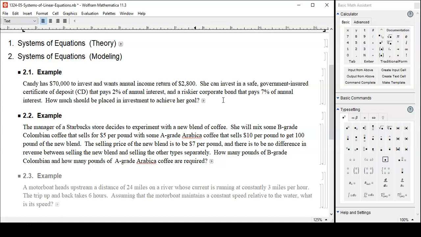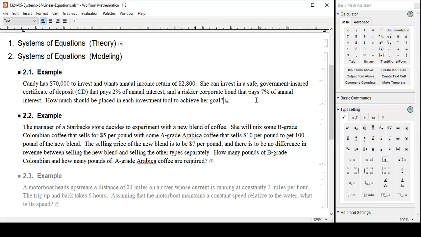How much should be placed in each investment tool to achieve the goal? Sorry, English is not my first language, so I made mistakes here and there, even copying down the problem.